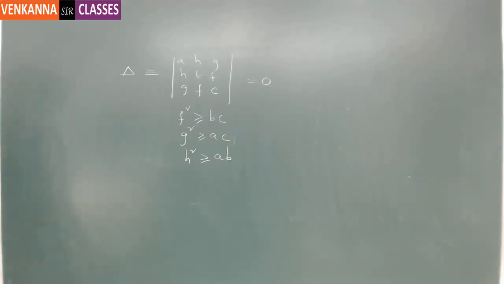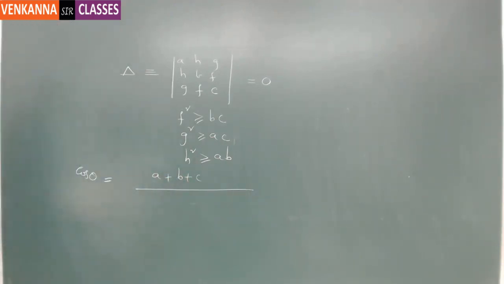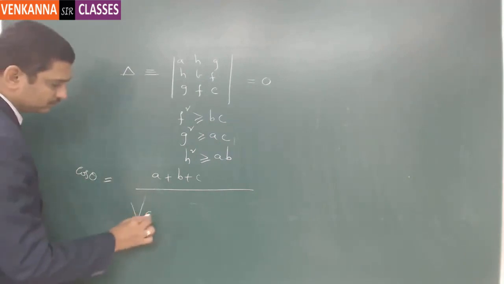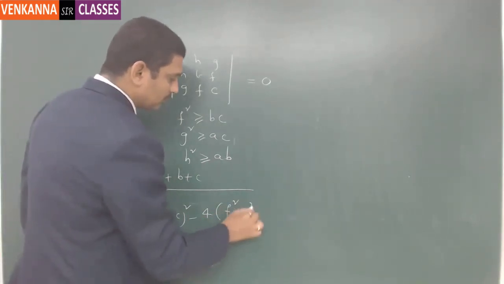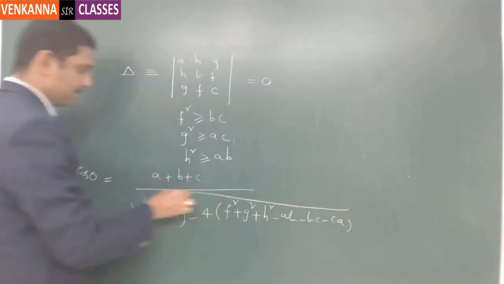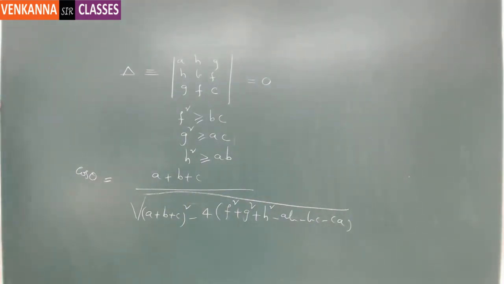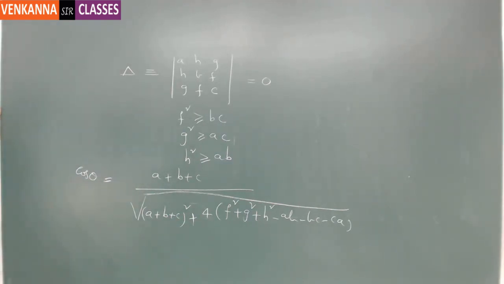And the formula for cos theta is given by a plus b plus c whole divided by square root of (a plus b plus c) whole square plus 4 into (f square plus g square plus h square minus ab minus bc minus ca).